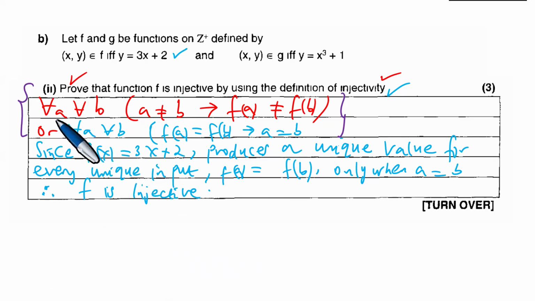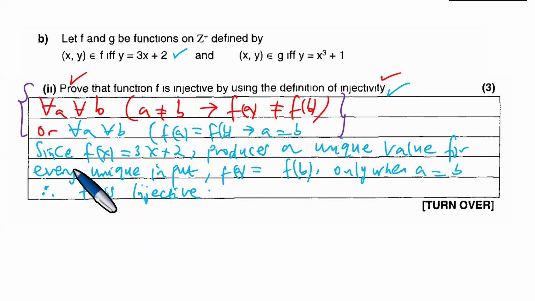Either for all A, for all B, we assume that A is not equal to B and deduce that f of A is not equal to f of B, or for all A, for all B, we assume that f of A equals f of B and deduce that A equals B. So we are spoiled for choice.